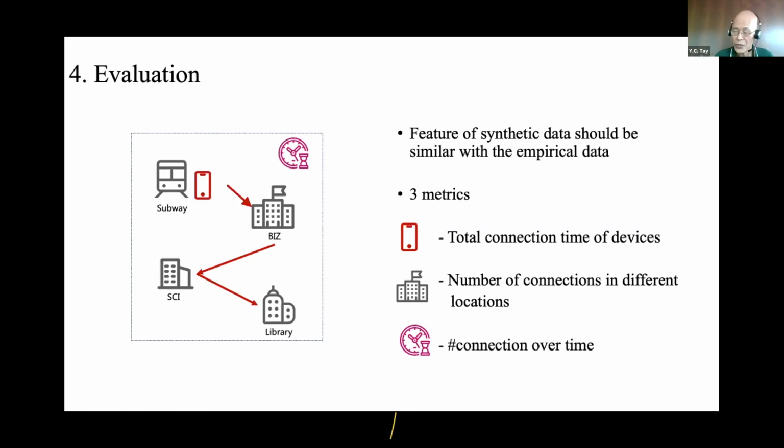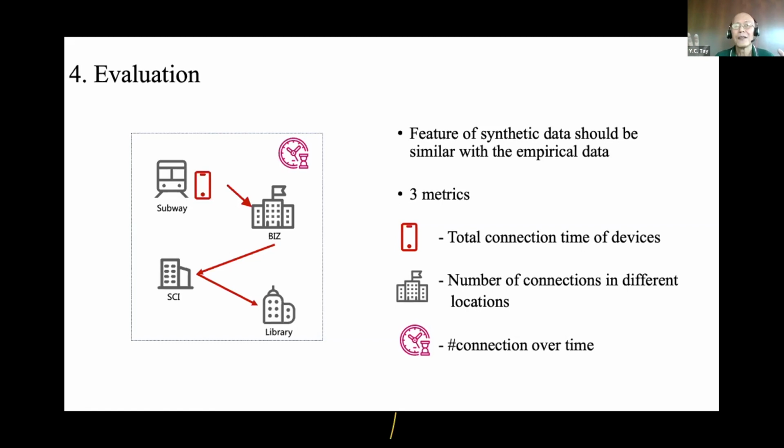But it's a double-edged sword, in the sense that the bigger the feature set, the harder it is to generate synthetic data that satisfies all these features. Things become NP-complete very quickly.